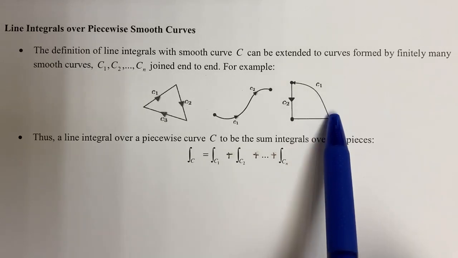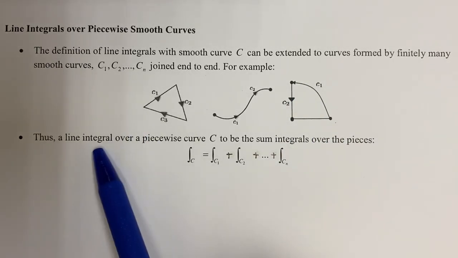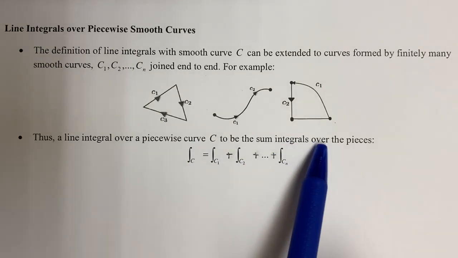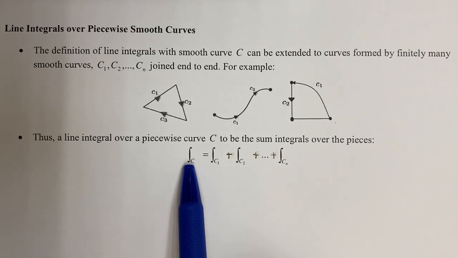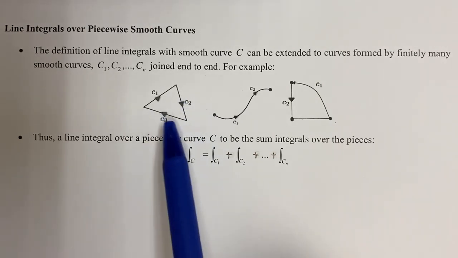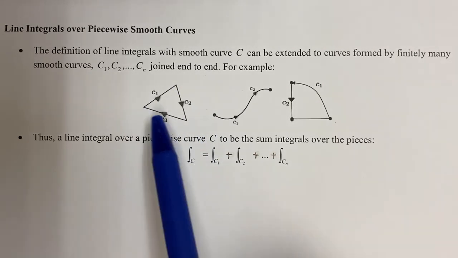The line integral over a piecewise curve C is the sum of the integrals over the pieces. So to find the line integral for C, you need to solve segment by segment: C1 plus C2 plus C3.